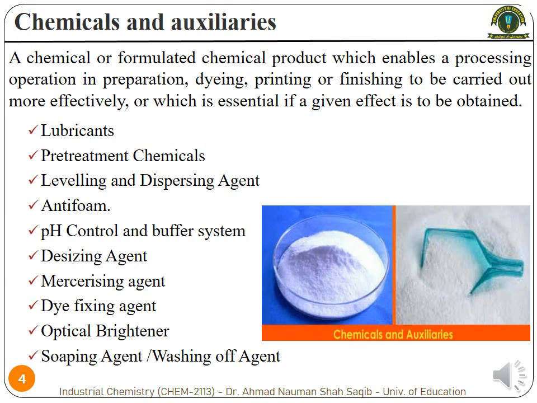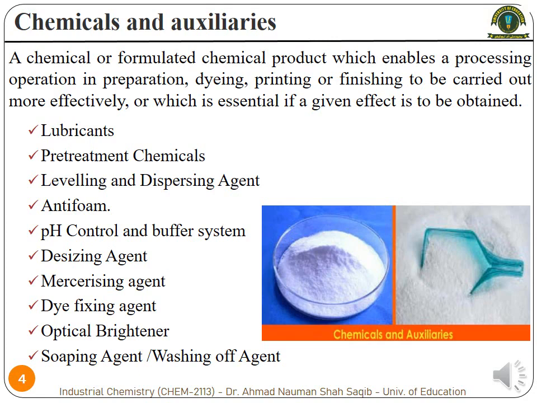For example, they can be used for pre-treatment, they can be used as a leveling or dispersive agent. Similarly, there are some chemicals which are used for anti-foaming during the process, and for pH control, and for a buffer system, for desizing, for lubrication of yarn, moisturizing agents.